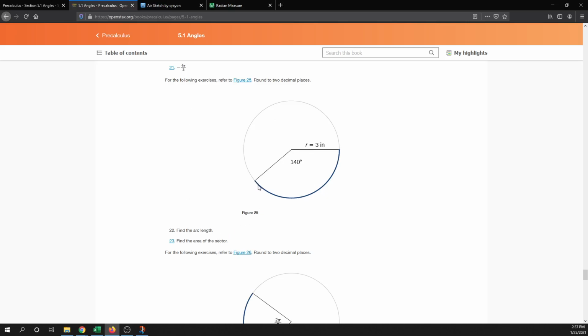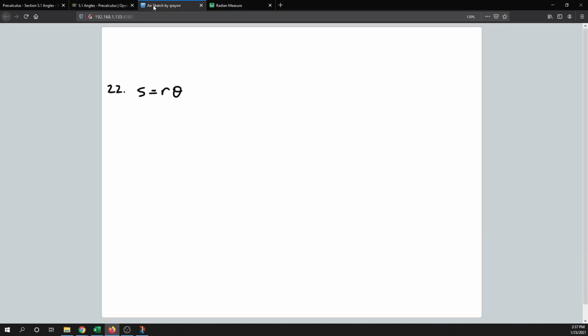So they want the length of this blue arc right here. And we know, right, from what we just discussed, that the formula for that is S equals R theta, okay? And so we're going to do that. And we are given that the radius is 3, right? And now all we need is the measure of the angle.